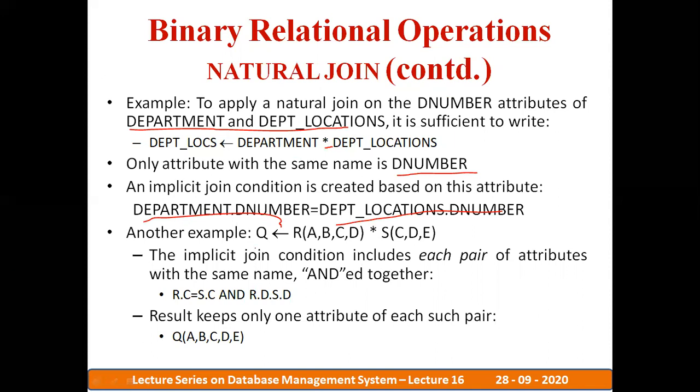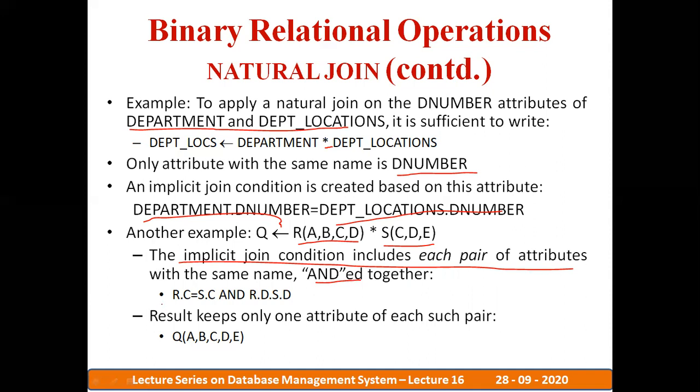For example, if there is a relation R having the attributes A, B, C, D and there is one more relation S having the attributes C, D, E, these two tables are combined, and you can use either the C or the D, because they are the same columns here. So the implicit join condition includes each pair of attributes with the same name, and we perform the AND operation.